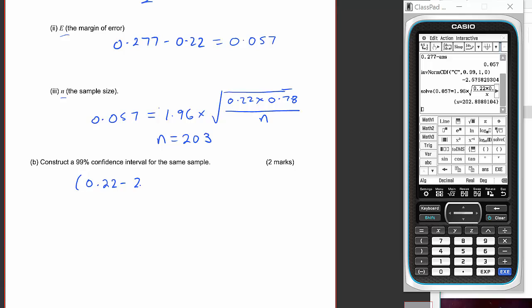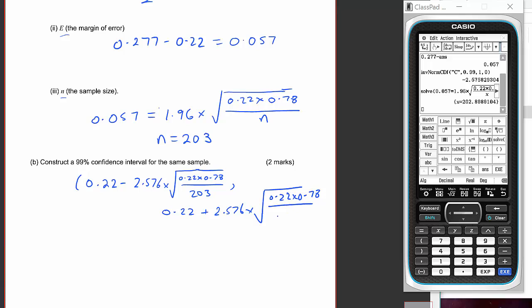So 2.576 multiplied by the square root of 0.22 times 0.78 divided by 203, and then of course we'll have 0.22 plus the same thing. So 0.22 times 0.78 over 203.